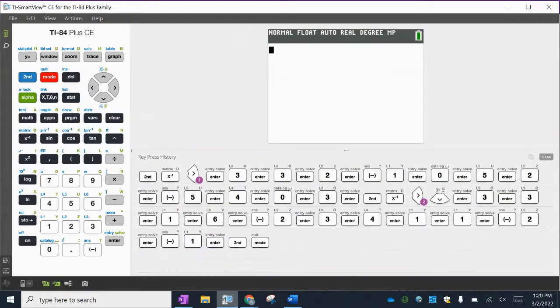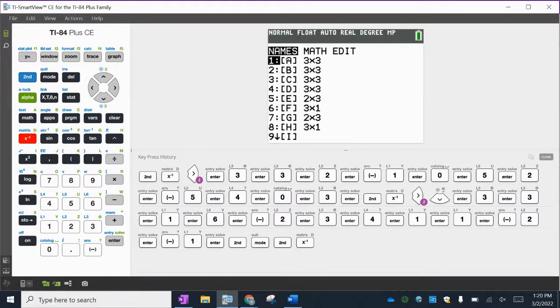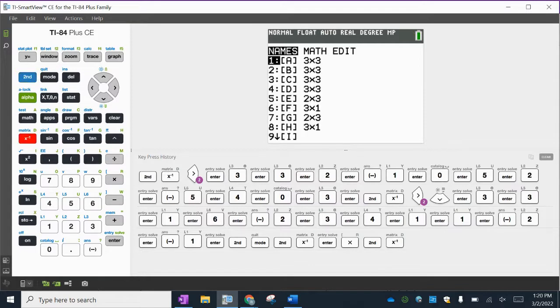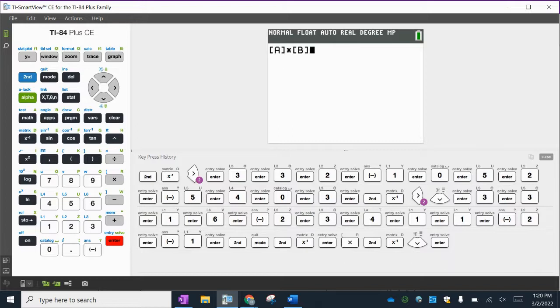To actually do that on my calculator, I need to go back to matrix again. And this time I'm going to grab letter A. And then on the main screen, it has A with those little matrix brackets around it. Times, go back to matrix again. I'm going to grab name of matrix B. So on my screen, it says A times B. And then it did all of the multiplying, adding, and so forth for me.